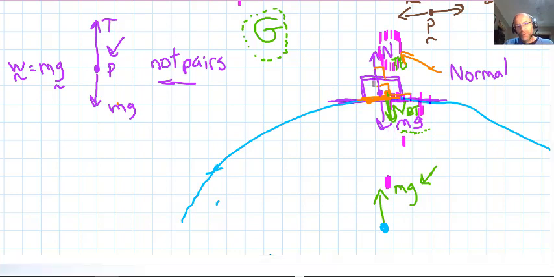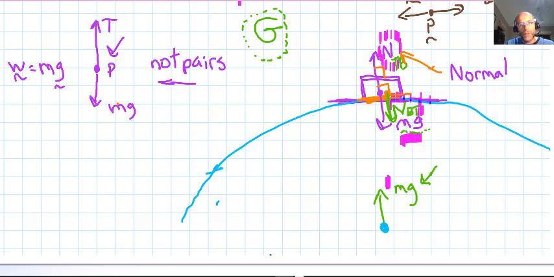However, it is still true that the normal, the reaction of the table on the book, is still the same as the weight of the book, the force due to gravity. That's the main thing you need to know, but just a misconception.